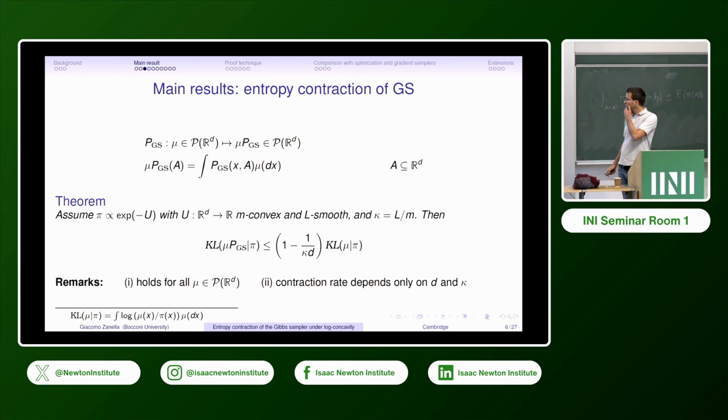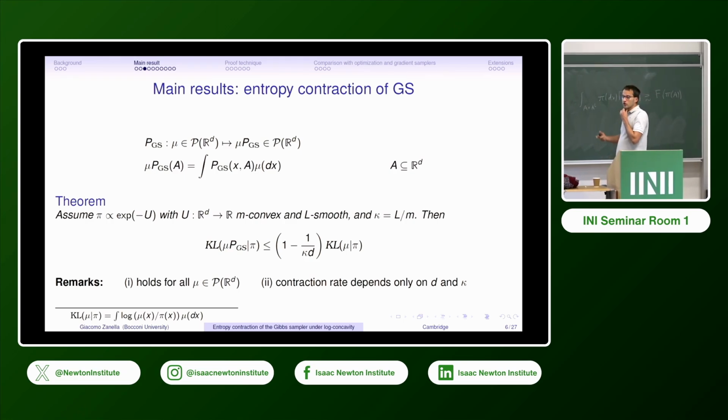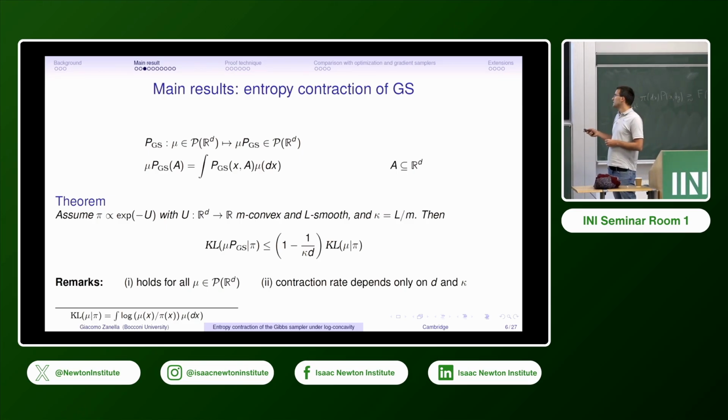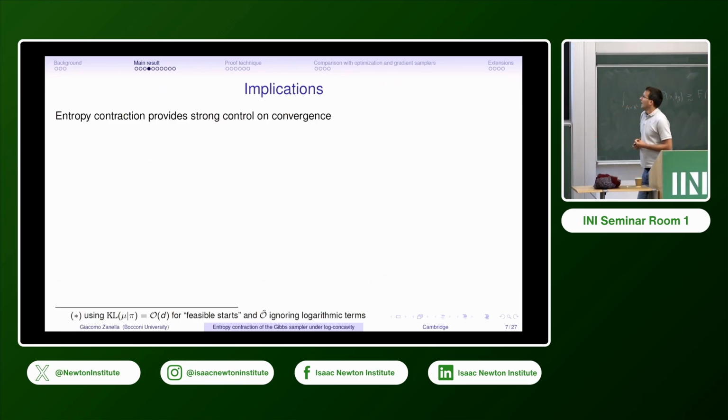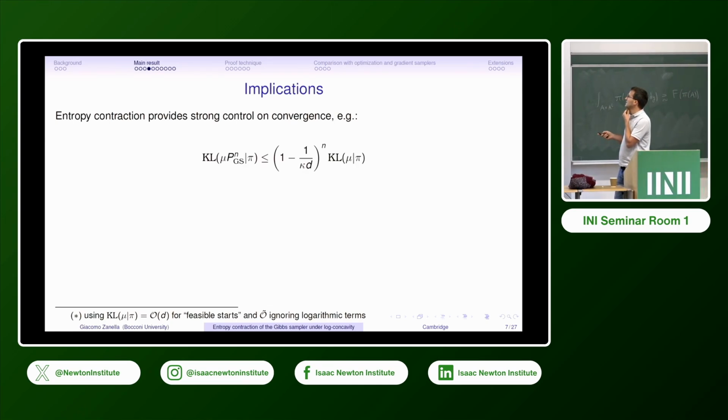Okay. So this kind of contraction results have a lot of implications. There are many ways in which, as we all know, one could quantify the convergence to stationarity. This is one way to do it, and it's kind of a strong notion of convergence. For example, if you just telescope it, you get a geometric convergence to stationarity in KL.